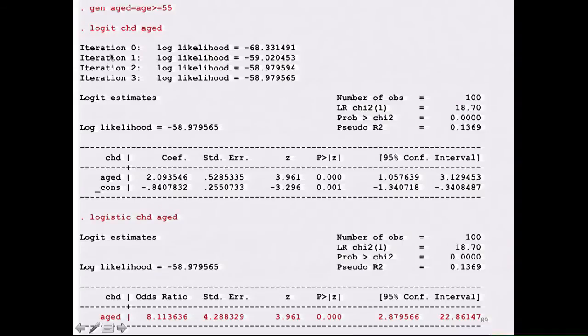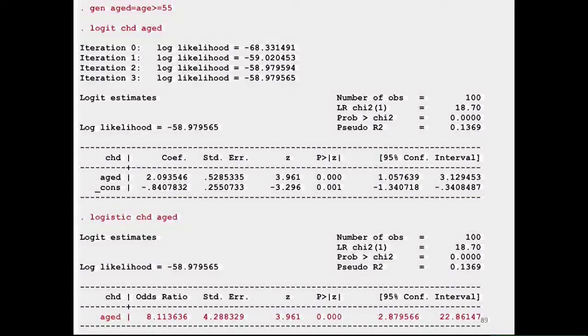After you generate this model, if you say predict, give it a name, pi hat, an estimated probability, try it when you have a chance. If you say predict pi hat and then look at your data in the data editor, you will find that you now have a new variable called pi hat that takes on one of 4 values, depending on what someone's independent variable is, that is what their age is, and also what their CHD status is.